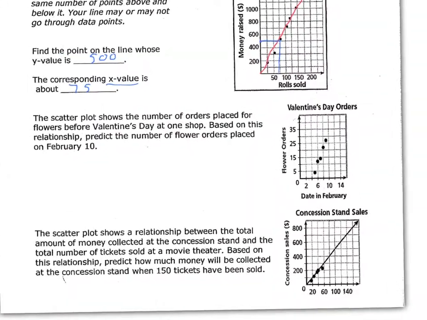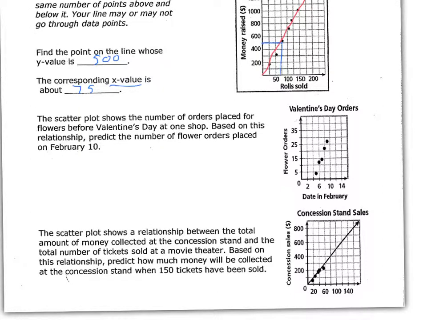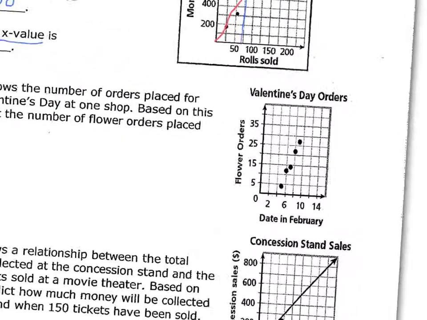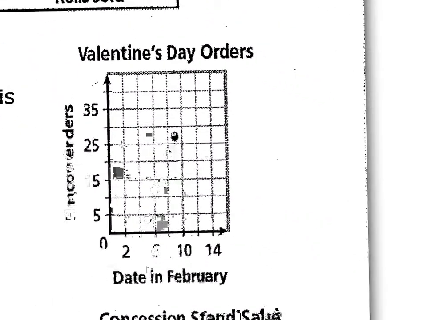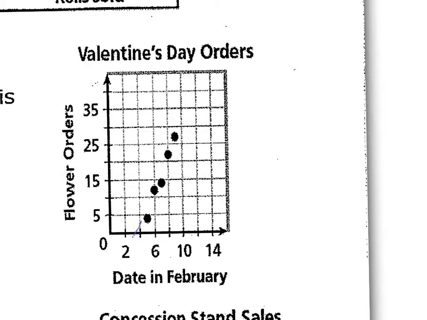All right. It says the scatter plot shows the number of orders placed for flowers before Valentine's Day at one shop. Based on this relationship, predict the number of flower orders placed on February 10th. So let's draw our trend line. Something like that.